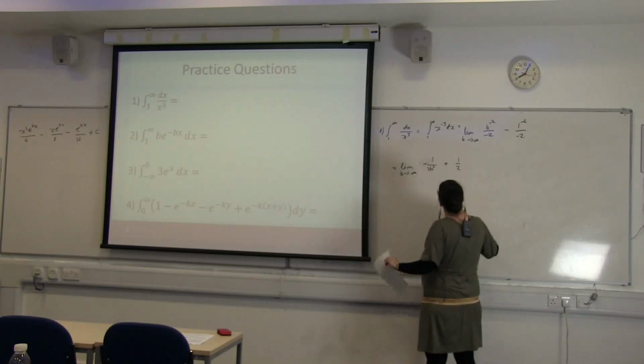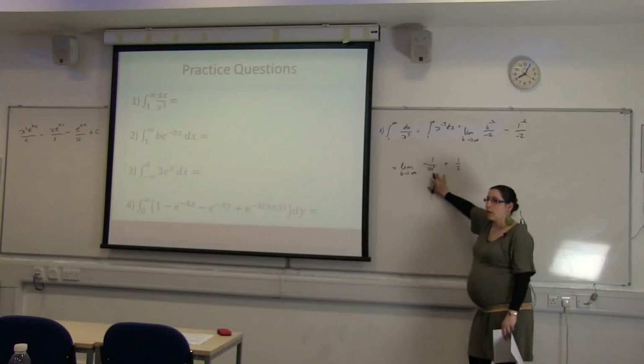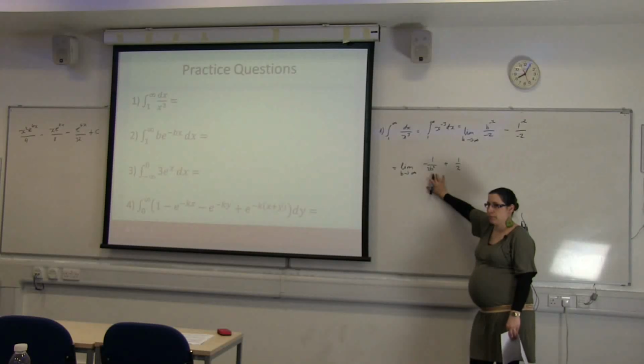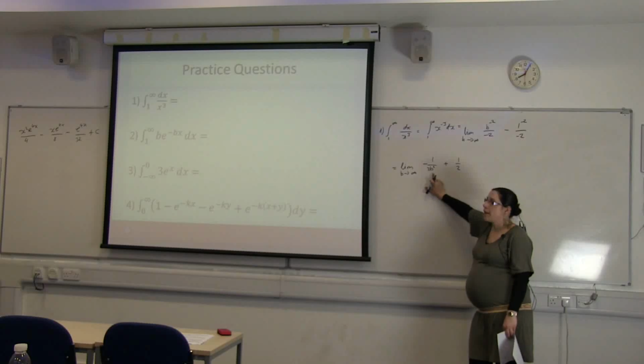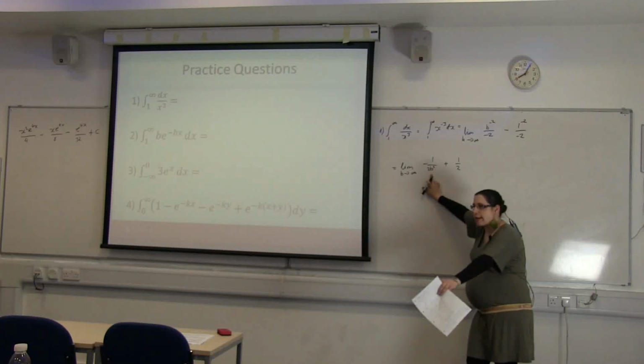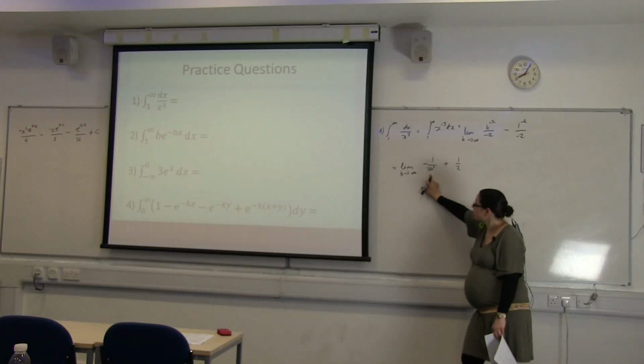So the first one must be 0. Why is the first one 0? Because if you think about it, b gets bigger and bigger. If you divide 1 by a bigger and bigger number, it tends to get smaller and smaller. Eventually you get to 0.